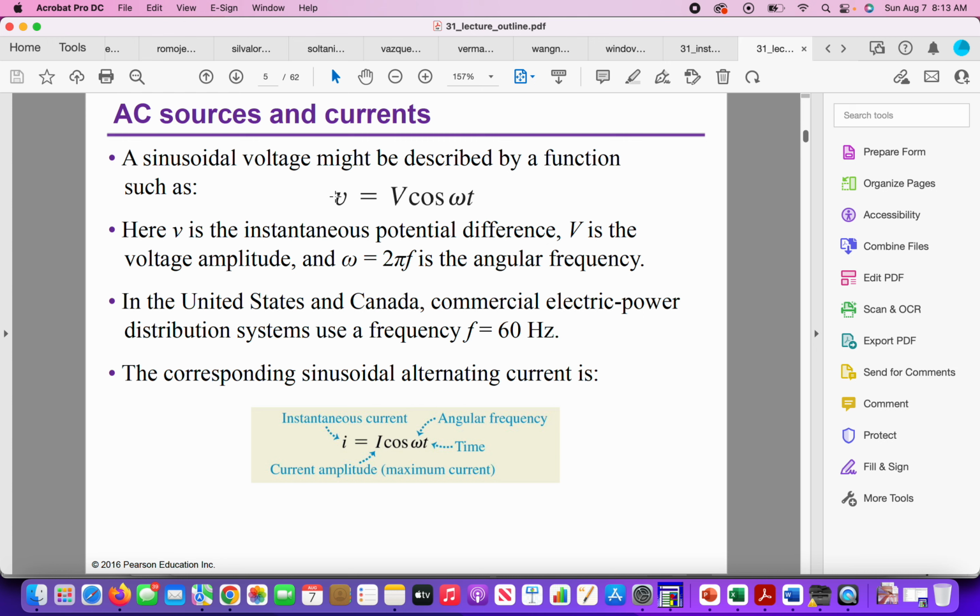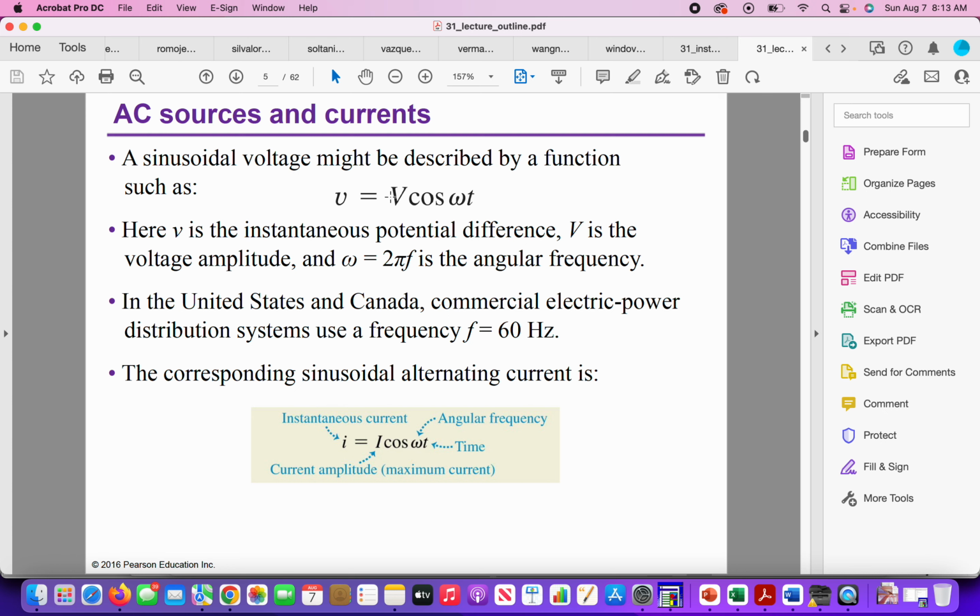The lowercase v is going to show you the instantaneous potential difference or voltage, which means the voltage at any point. The uppercase V here is called the voltage amplitude, which is the maximum value. Then cosine omega t.